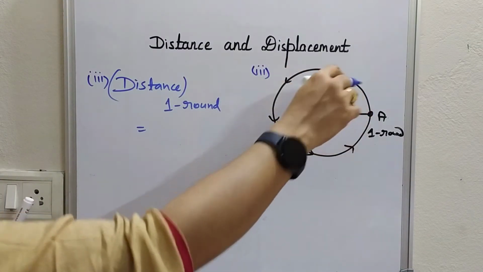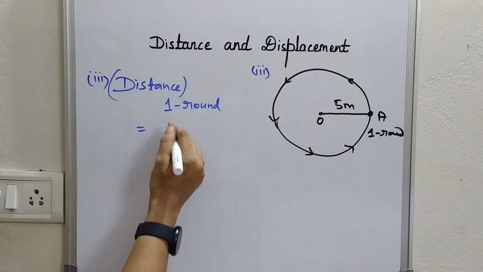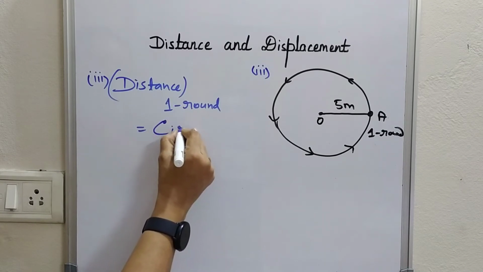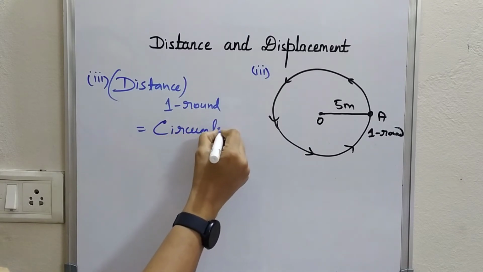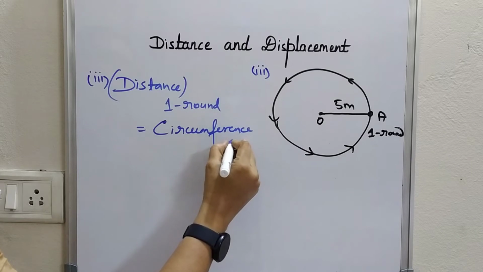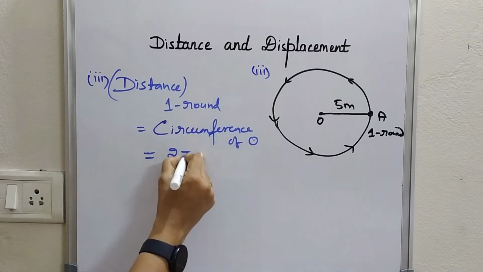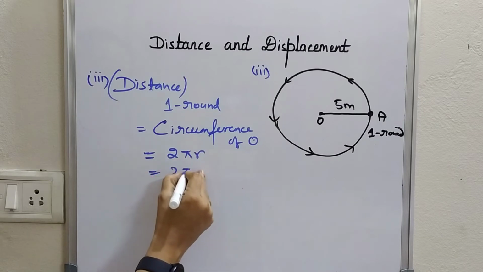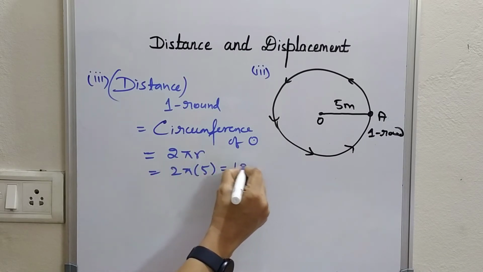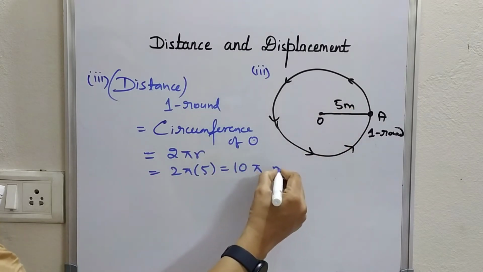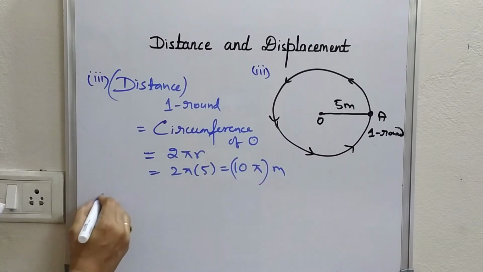It is the total length of the circle, which means the circumference. The circumference of a circle of radius 5 is 2 pi r, so 10 pi units, and here it is meters. So this much is the distance traveled.